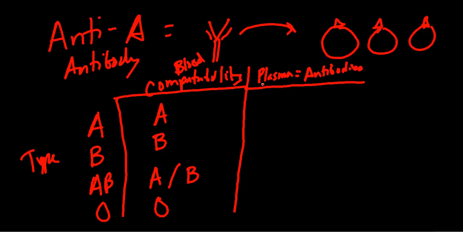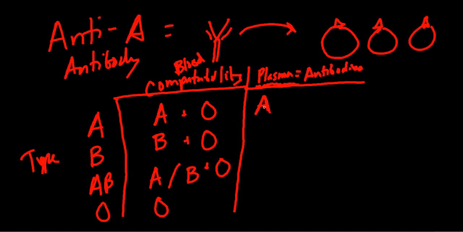So if we transfuse some plasma from a patient, it's also going to transfuse their antibodies. Well, that's not good. But we can use a rule here, and this rule is going to figure out whether or not we're going to have a reaction. So in someone with type A blood, they can receive plasma from somebody. I guess here we can also throw an O into all of these while I'm looking.